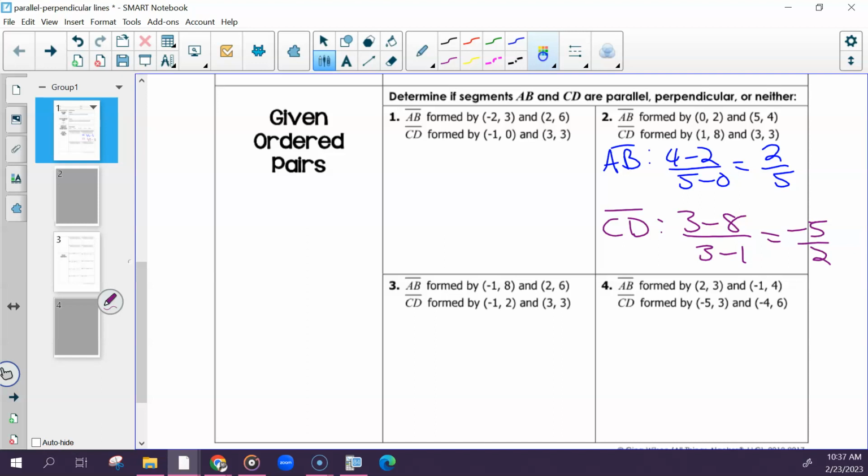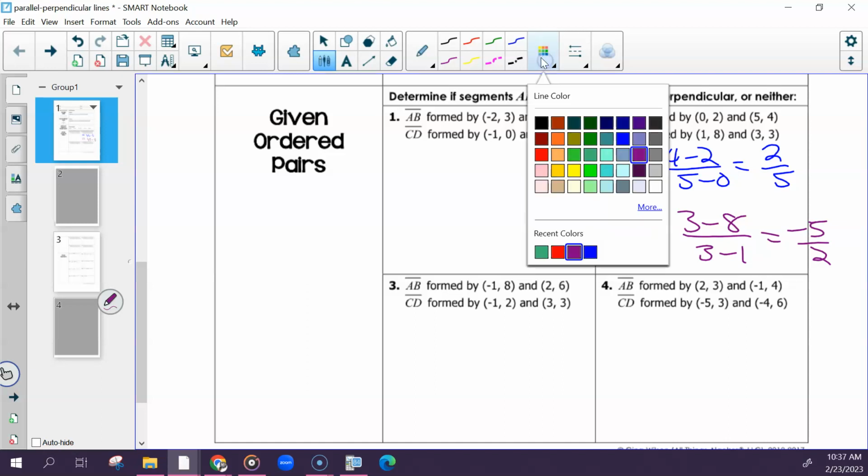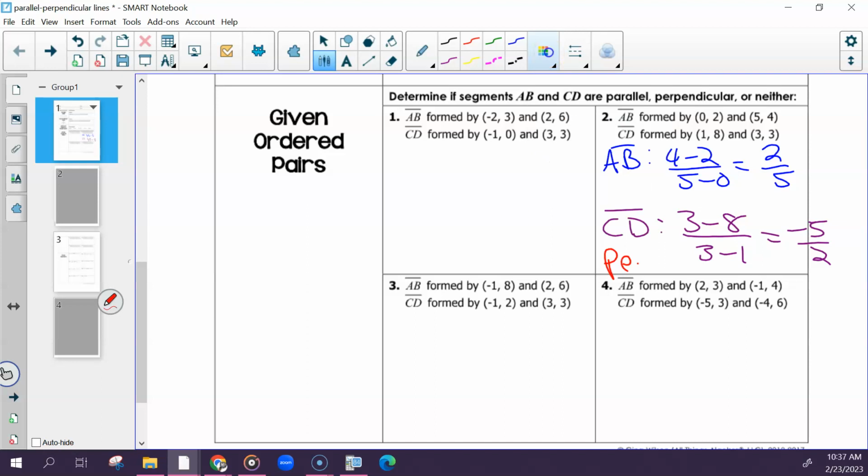Are these slopes parallel, perpendicular, or neither? Perpendicular, because they're flipped. One is negative and the other is not. So you can either write out the word perpendicular or use this symbol, the upside down T. Questions on that one?